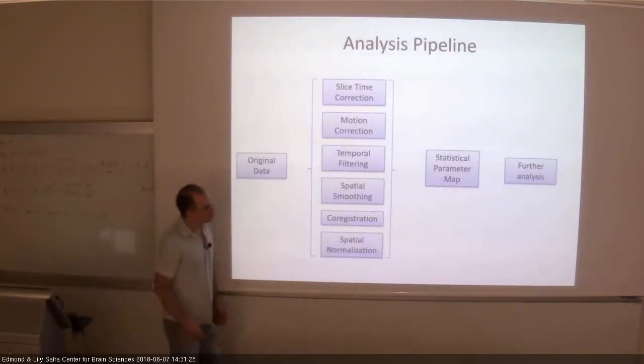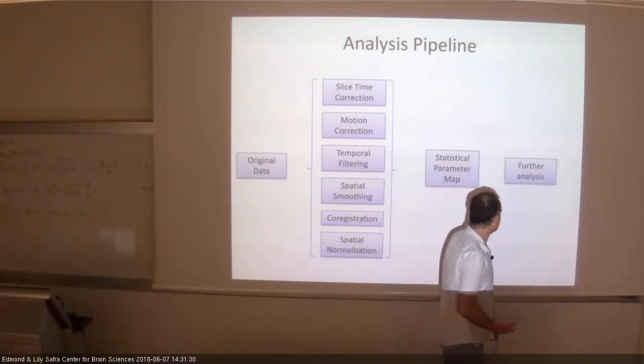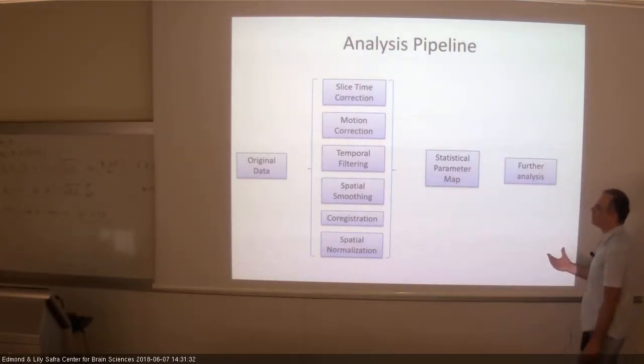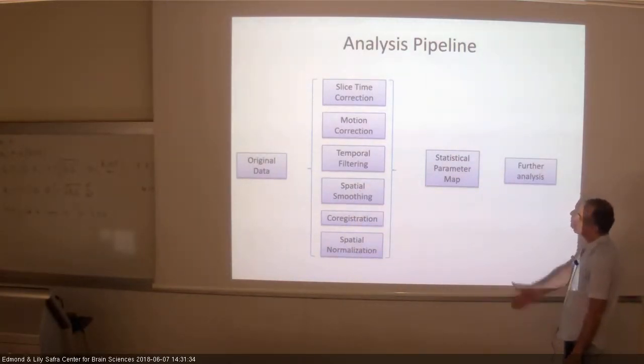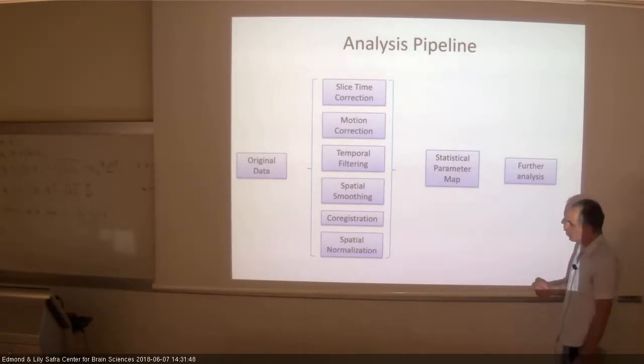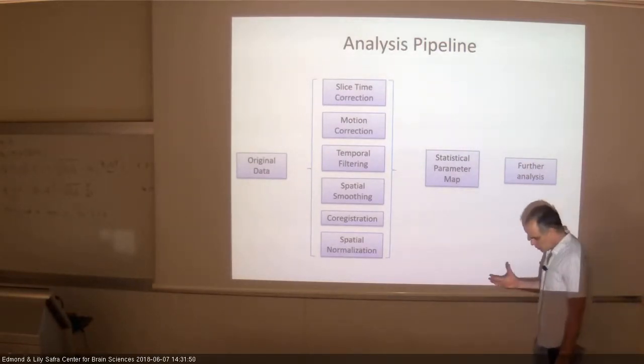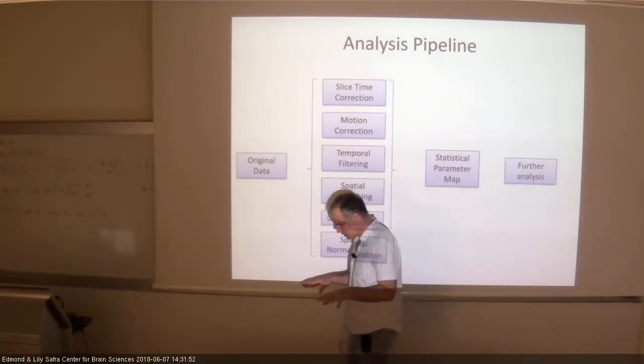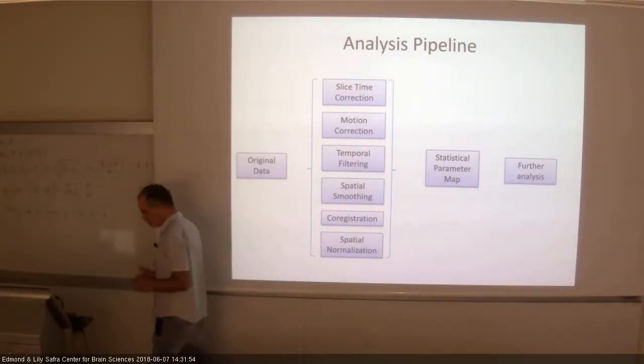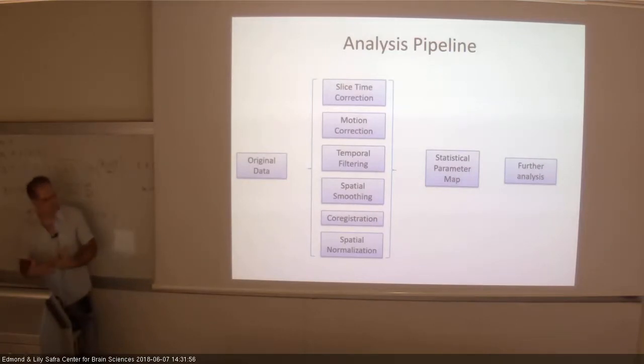So the way to remove noise, and also prepare our data for further analysis, is to do a bunch of processes. The idea is, first of all, to increase the SNR, increase the reliability and robustness of the signal, and also get individual data into some kind of normalized space so you can do group analysis, okay?